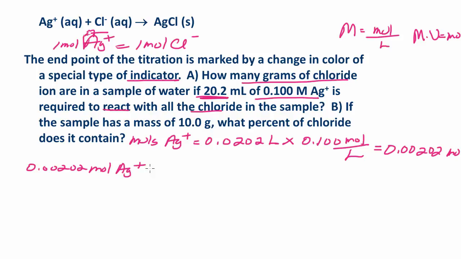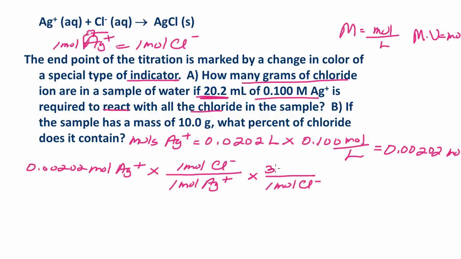Okay. And let's go ahead and use our equation stoichiometry to get from moles of silver ion to moles of chloride ion. And then use the molar mass of chloride. So 1 mole of chloride is 35.5 grams of chloride ion. And that gives us 7.17 times 10 to the negative 2 grams of chloride ion. Okay, so that answers part A.